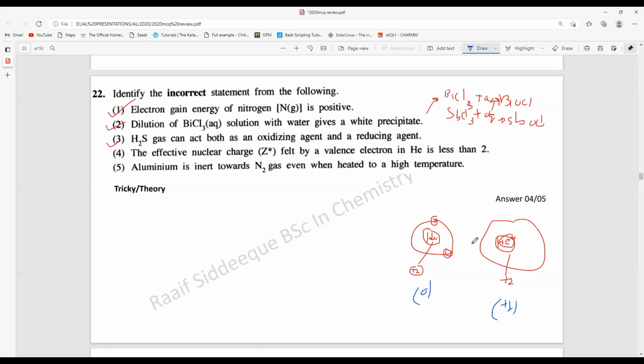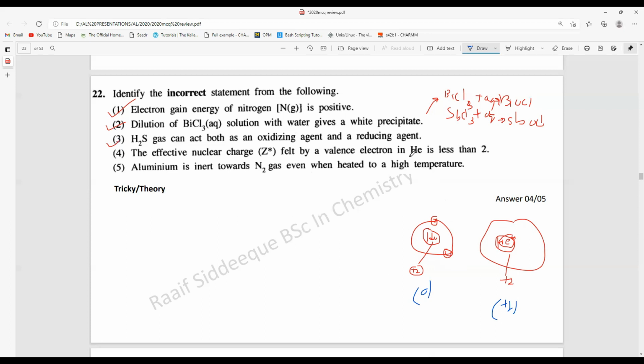So what it says here is that the effective nuclear charge of helium is less than 2. Actually, this is correct. It should be less than 2 because you have 2 protons minus the shielding factor from the electrons. The thing is, we don't know this value exactly, because the surroundings can determine this factor as well.